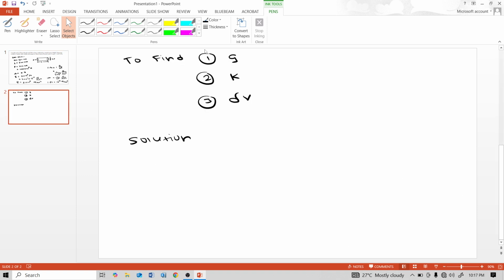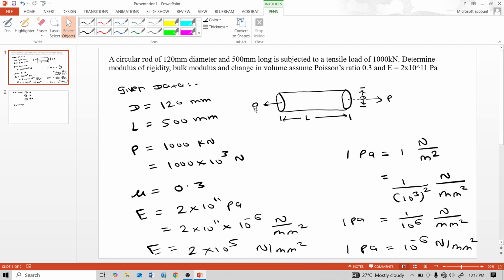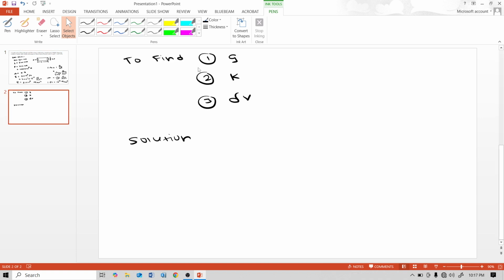For finding this shear modulus, what data do we have? First, see what data we have. Second, see what we have to find. By using their relationship, find which formula is effective for finding the shear modulus.